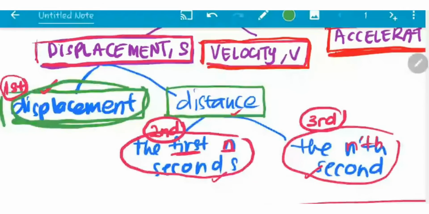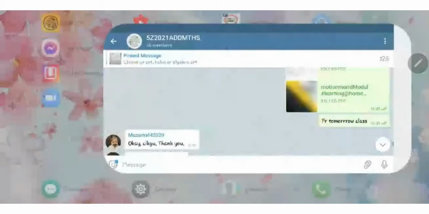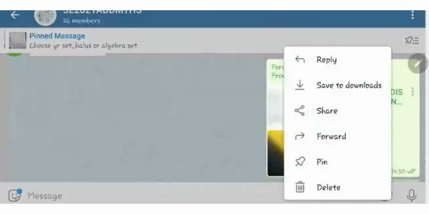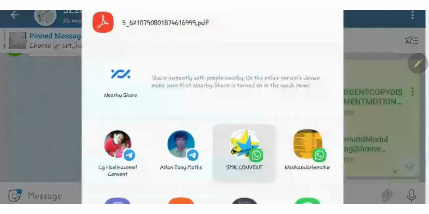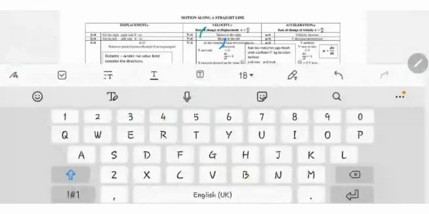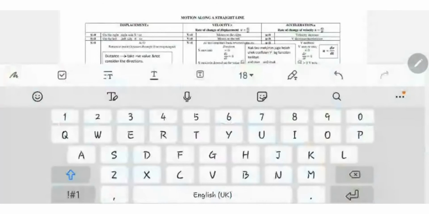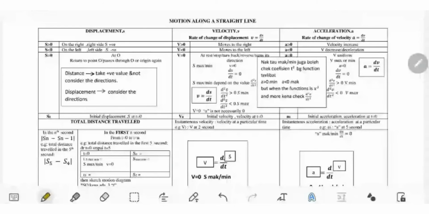The first one, how to find displacement of a particle, instantaneous displacement. Sebelum tu, nota yang saya bagi dekat sini. Ni nota saya buat sendiri, dalam satu page ni. Dah ada semua benda yang penting yang you perlu tahu dalam chapter ni.